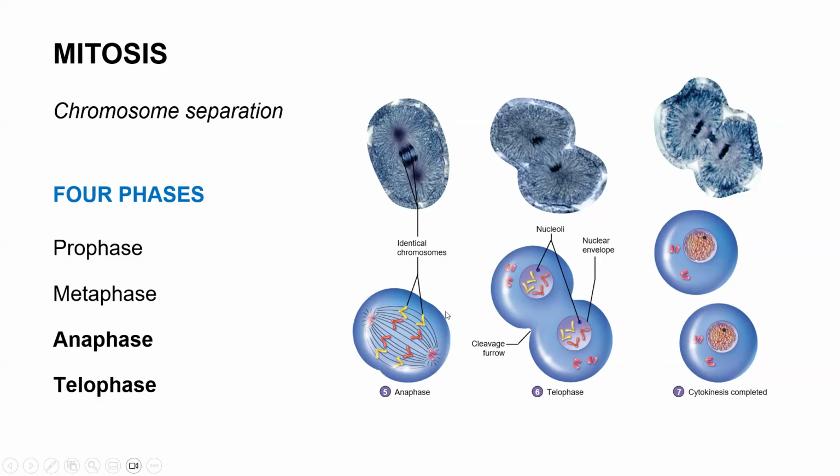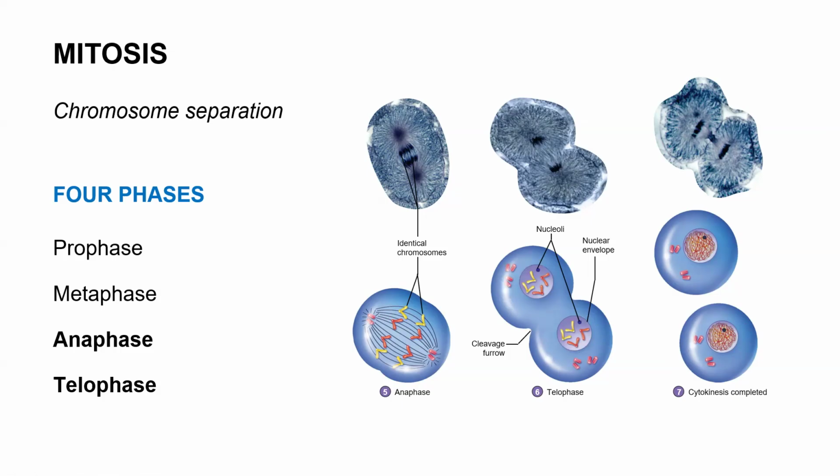You can begin to see the very beginnings of this cleavage furrow in anaphase, but it's really telophase where this emerges. So we can start to see where the cytoplasm is beginning to pinch off. So we now have our nuclear envelope back on either half. So our chromosomes are back surrounded by the nuclear envelope. Our spindle fibers are gone because we're all the way separated.